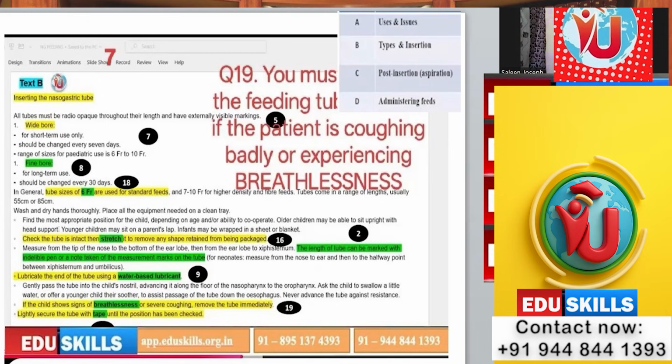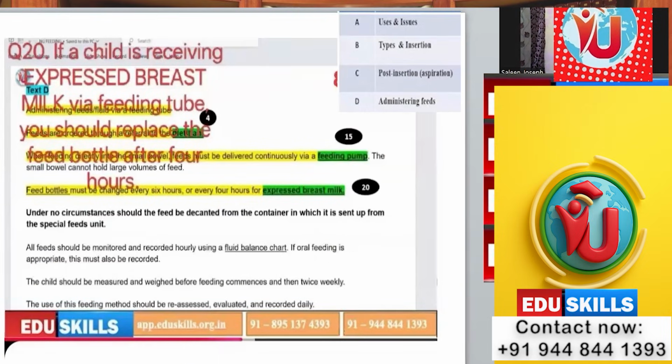And our answer should be breathlessness, because if the child shows signs of breathlessness or severe coughing. So coughing badly means severe coughing. Paraphrasing again. Coughing they have already given. So our answer should be only breathlessness. Kindly make sure you have written the correct spelling. So let's go to the next one.